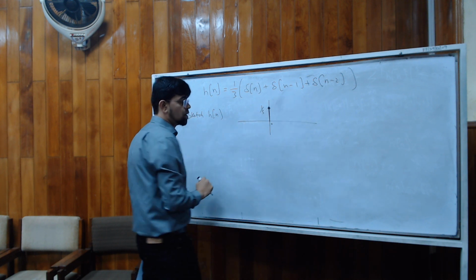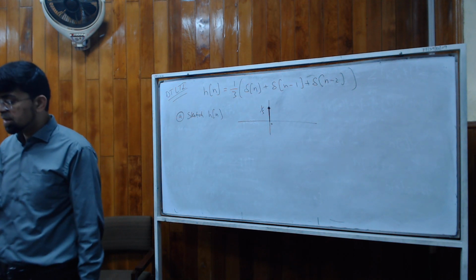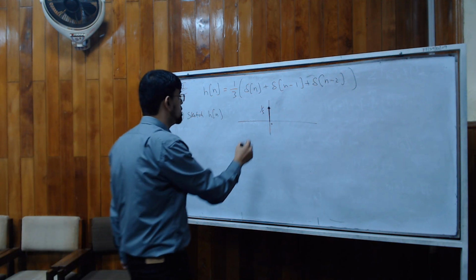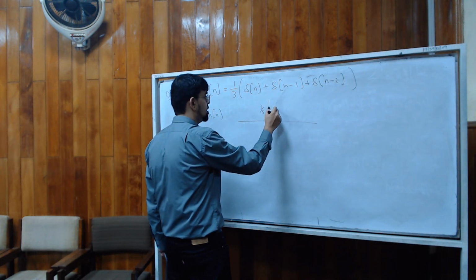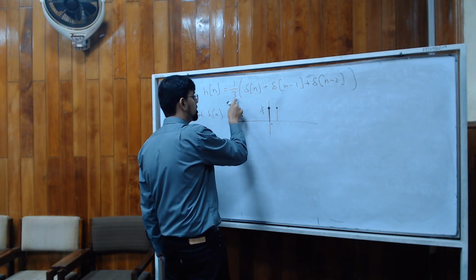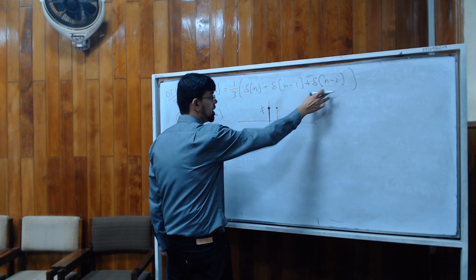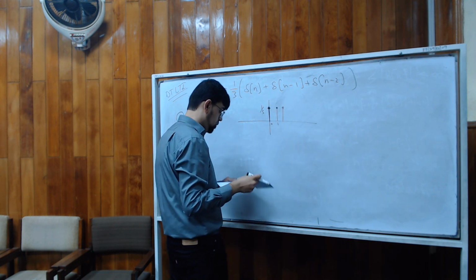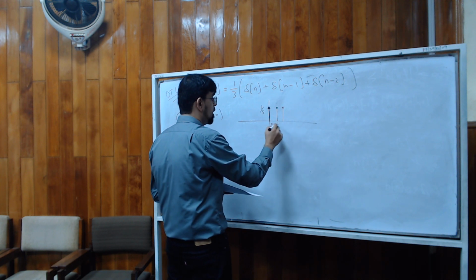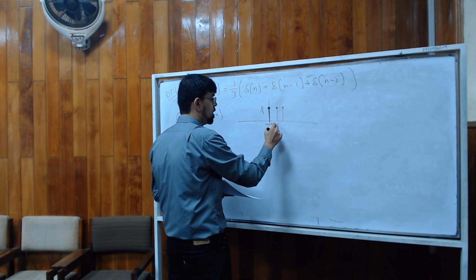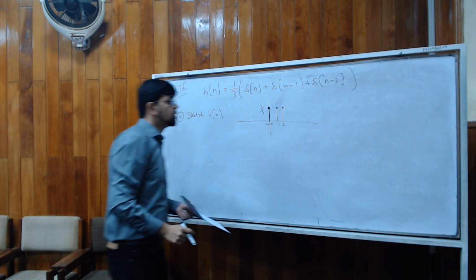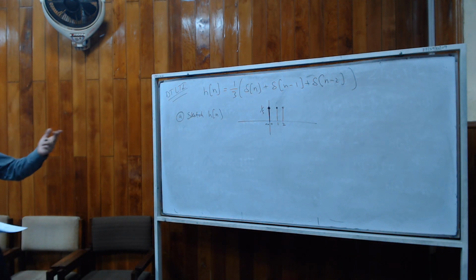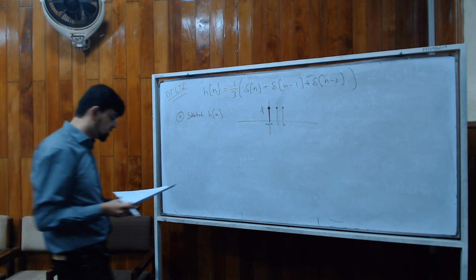This one contributes its impulse where n minus 1 equals 0, meaning n equal to 1, so another 1/3. And this one contributes another 1/3. So basically at n equal to 0, 1 and 2, the impulse response is 1/3, 1/3, 1/3. That is the sketch of your impulse response.